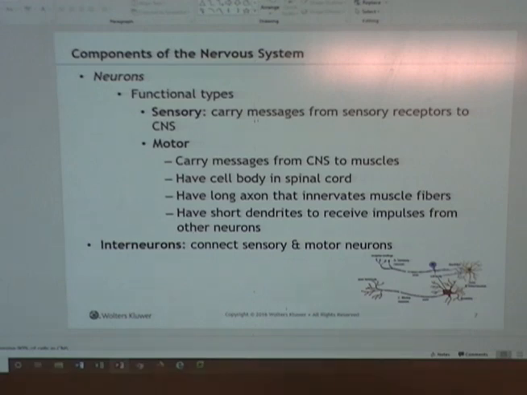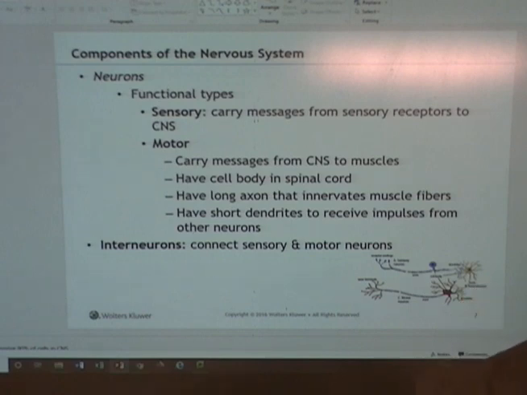So as I said, there's several different structural types of neurons, and you can look at some of them in that diagram on page 83. But we're interested in the functional types because we're looking just really at motor nerves. Okay?